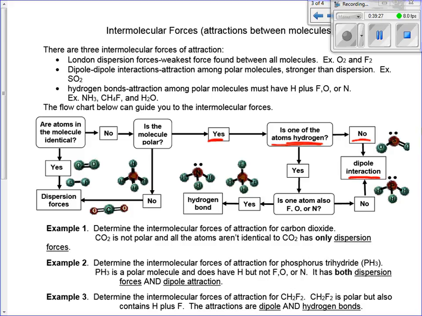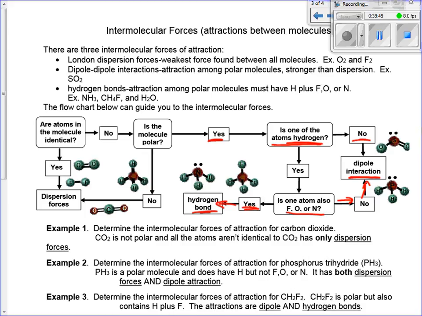Okay? If one of them is hydrogen, does it have bond with H? Is it with F, O, or N? Okay? If that's a yes, then you go over here to the hydrogen bonding. If it's a no, you go back up to dipole-dipole. If it's a no, you would go that way. Okay? So follow the lovely flow chart for help.